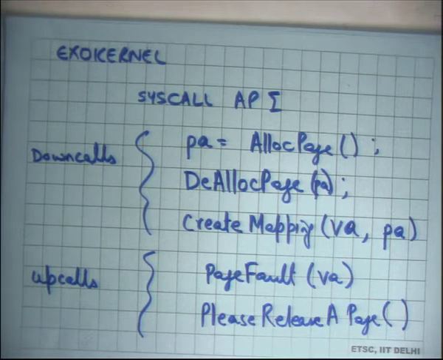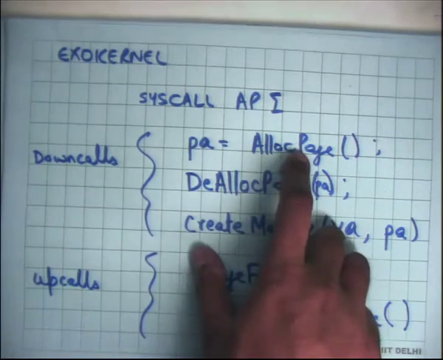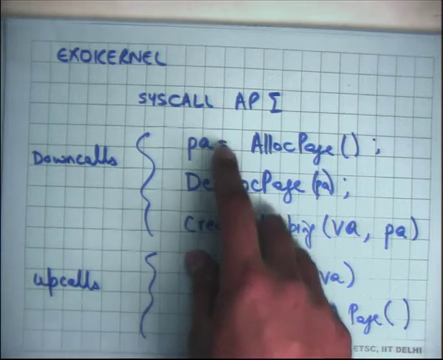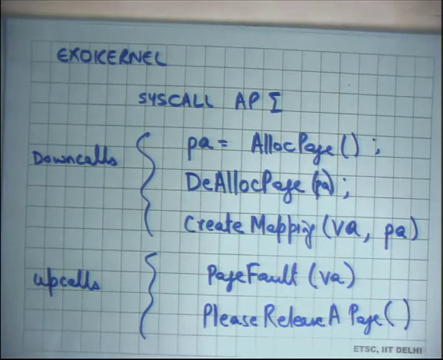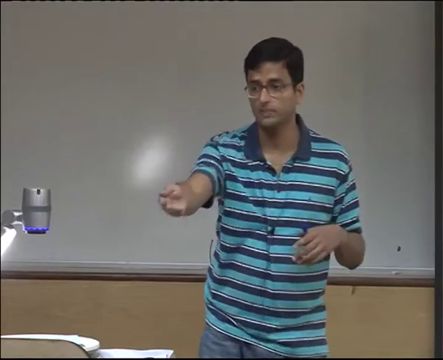So what I'm doing is I'm exposing APIs to the application to allocate a physical page. So the application has full control on physical memory, or not full, but at least better control over physical memory. You can say I need one more physical page.